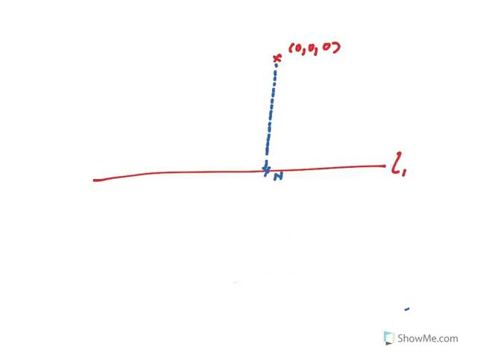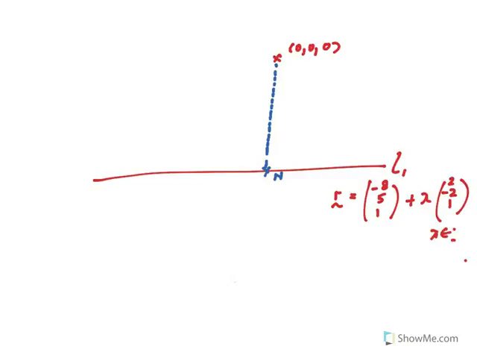Alright, so next, what do we do? Since N lies on L1, as we found earlier, L1 can be written in this form: (-8, 5, 1) plus lambda (2, -2, 1).